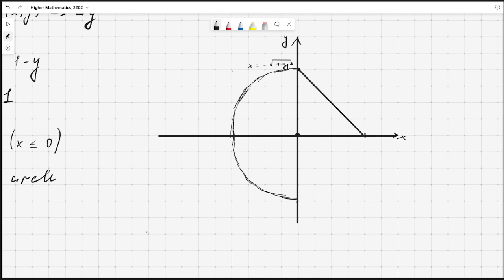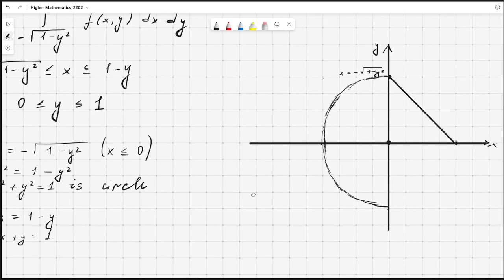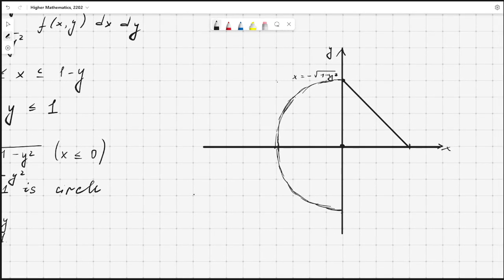This line. It means x changes from this line to this line.